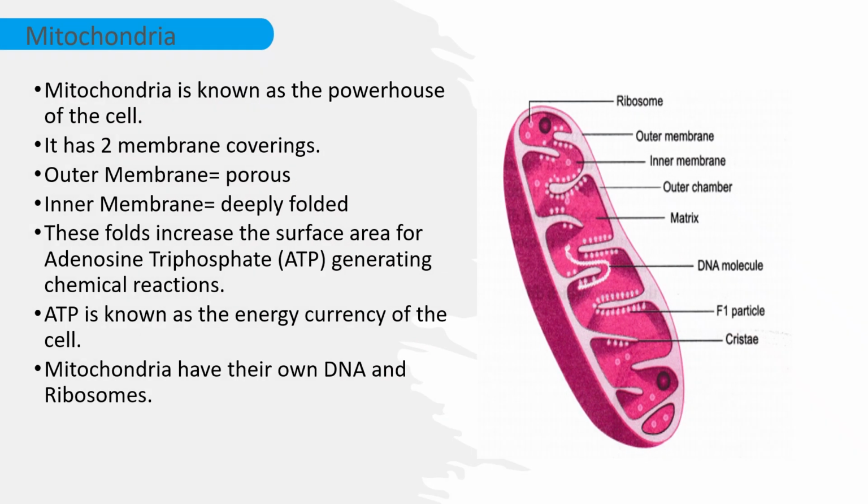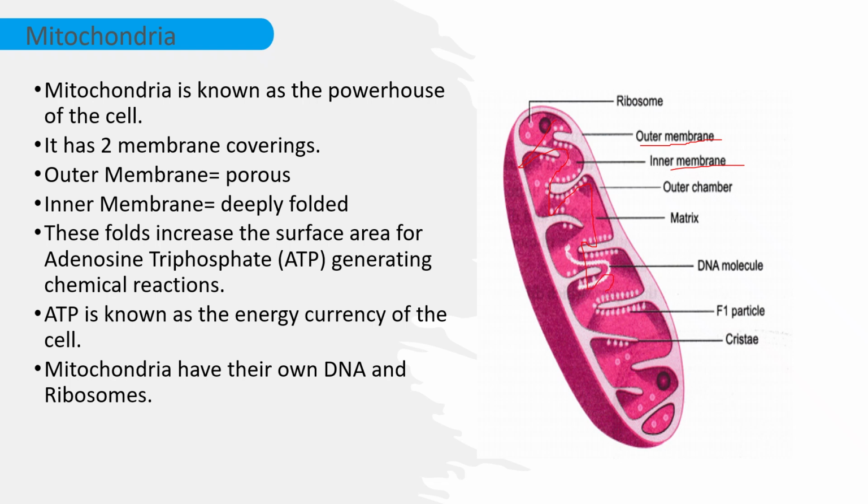We are going to have a look at mitochondria, which is the most important cell organelle. It is known as the powerhouse of the cell. We'll study why. Firstly, mitochondria has two coverings: outer membrane and inner membrane. Outer membrane is porous and inner membrane is deeply folded. As you can see over here, these are folds.